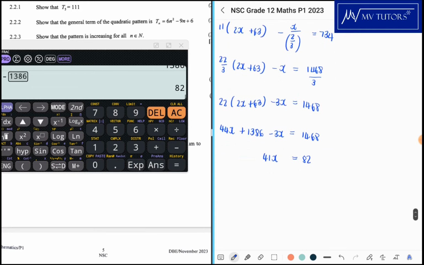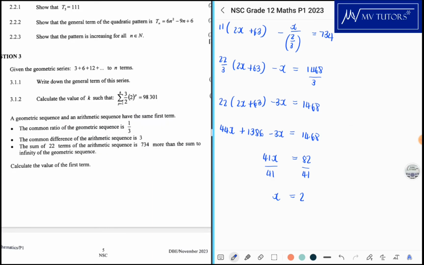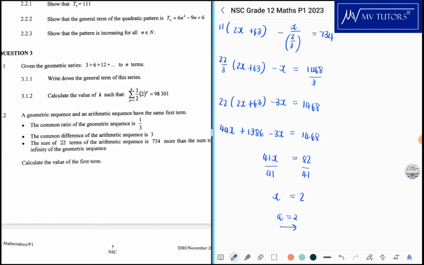And then if we divide by 41 throughout, we get that x is actually equal to 2. If we say 82 divided by 41. Okay, so now that we know that x is equal to 2, the first term, a, is 2. And we are done with question 3. Alright, see you later.